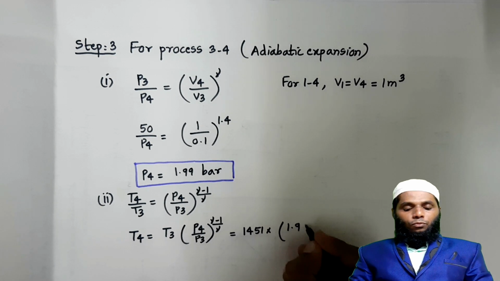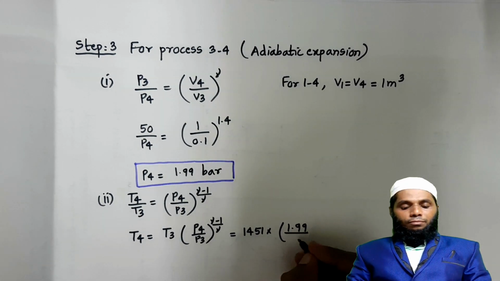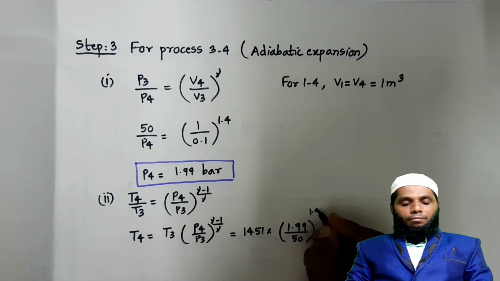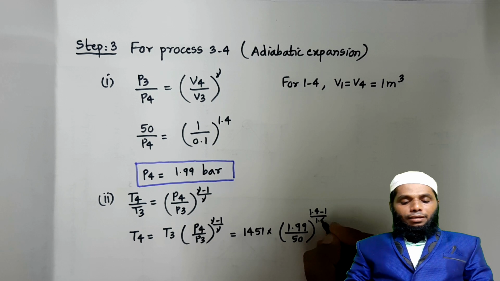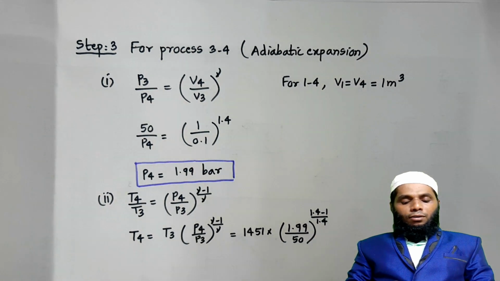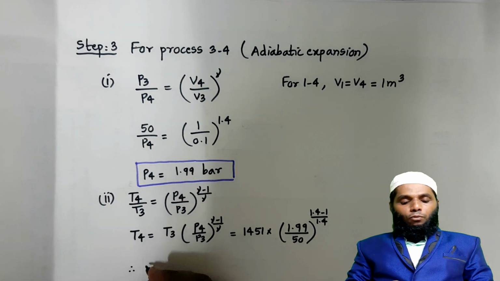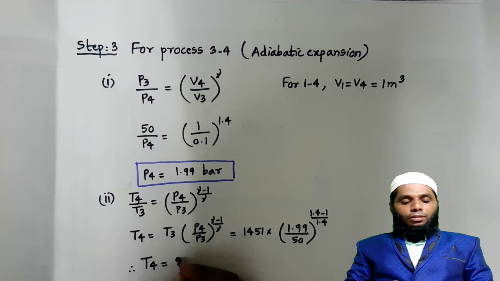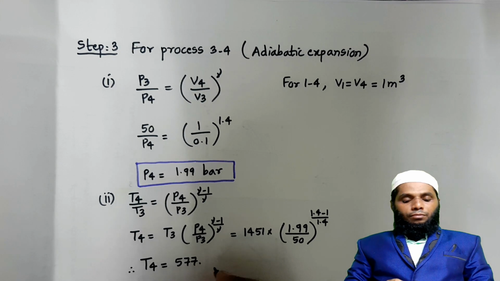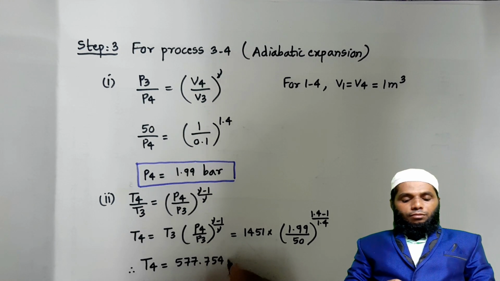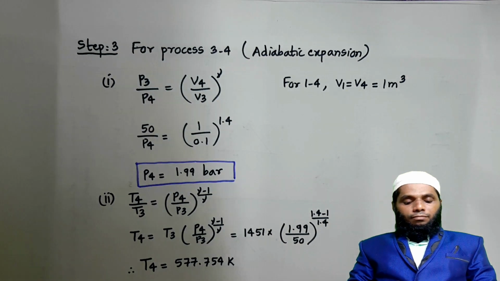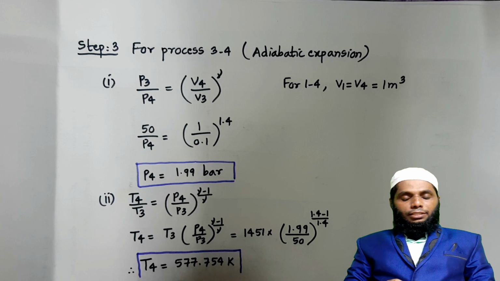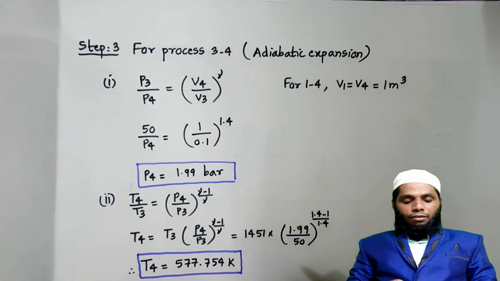That is equal to 1451.0 multiplied by (1.99 divided by 50) raised to power (1.4 minus 1) upon 1.4. Therefore T4 value, on calculating, we got 577.754 Kelvin.